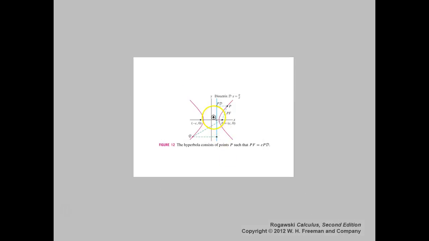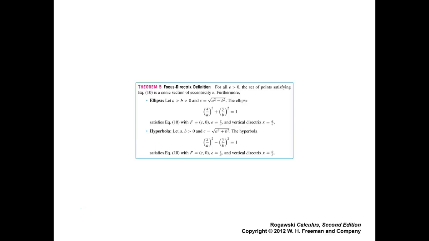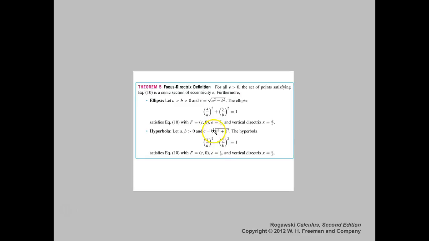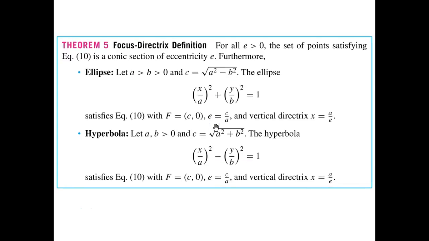This is doing the same thing for the hyperbola. Again, I don't think we'll be using that. So here's the focus-directrix definition, which is basically what they have been leading toward in all those last few slides. It's just a different way of doing it.